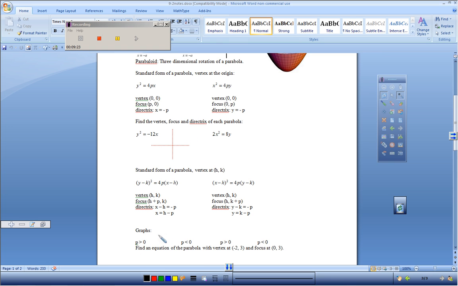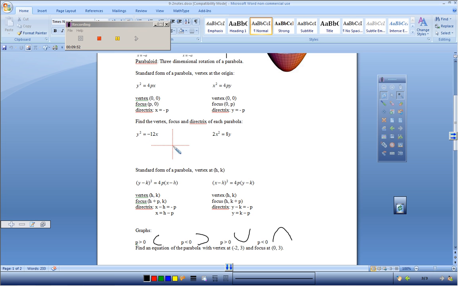So this one would look like this if it's a y squared parabola, and if it's less than 0, meaning this number up here is negative, it's going to open to the left, like that. If p is greater than 0, then it opens up like this if it's an x squared parabola like this one, and if p is less than 0, which you kind of already know, that is a downward parabola. So that's what this stuff down here means.